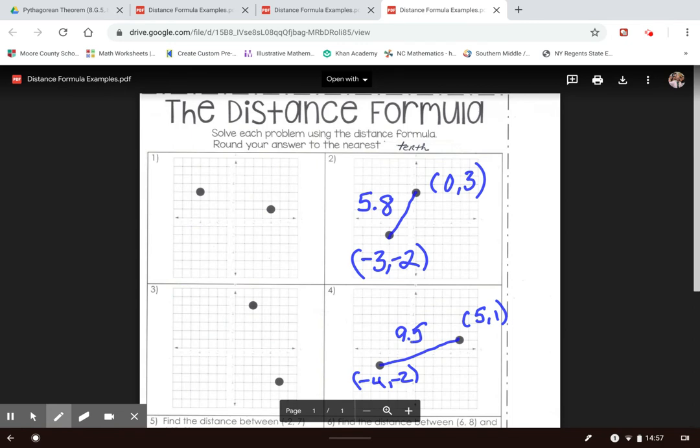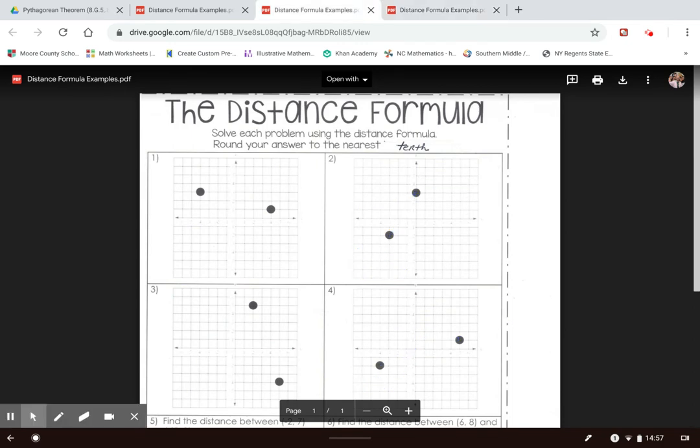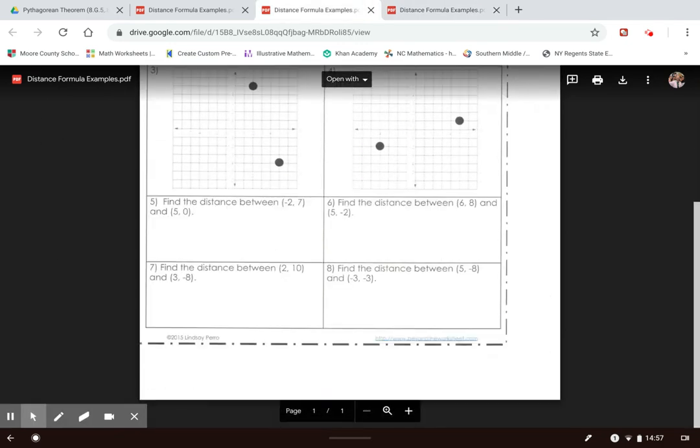All right, let's look at number 6. Number 6 says to find the distance between (6, 8) and (5, -2).